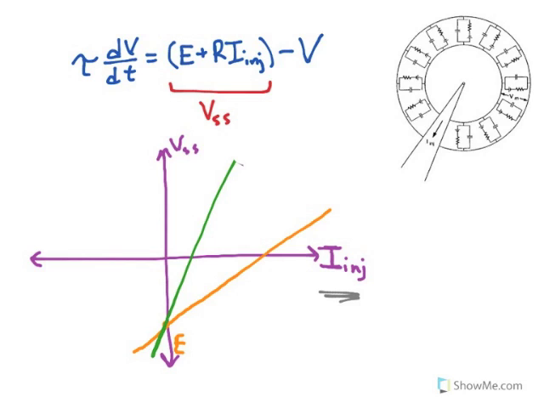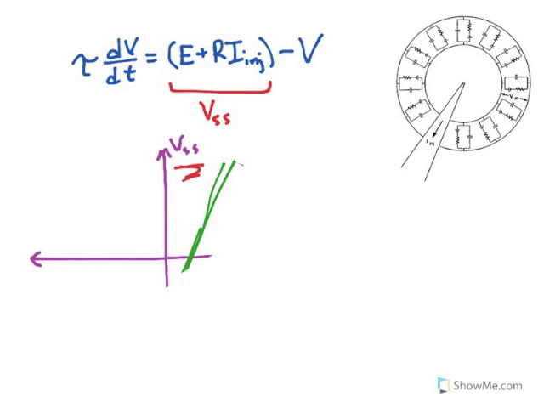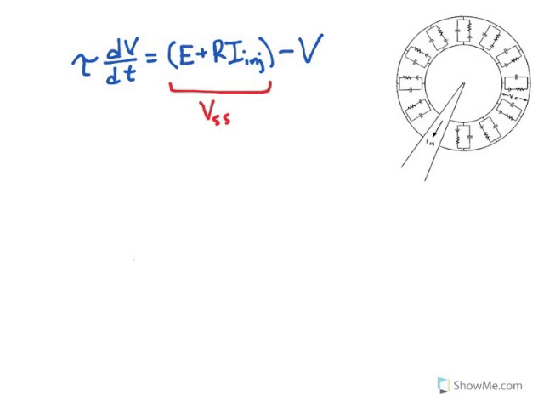So you can empirically measure what the input resistance is by manipulating the amount of injected current and then measuring what the steady-state voltage is for that level of injected current. And again, neurons with a higher input resistance are going to respond more sensitively to changes in the amount of injected current.